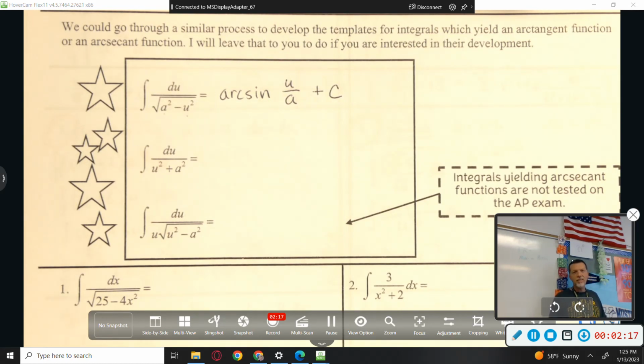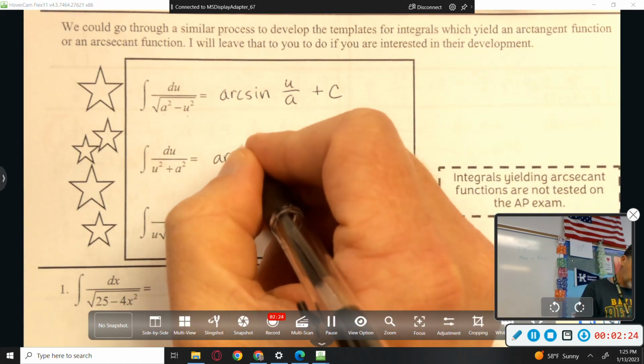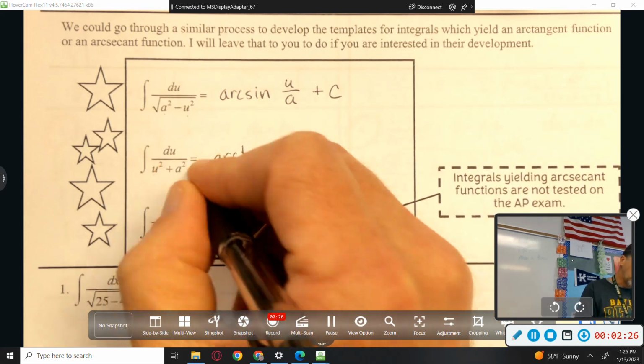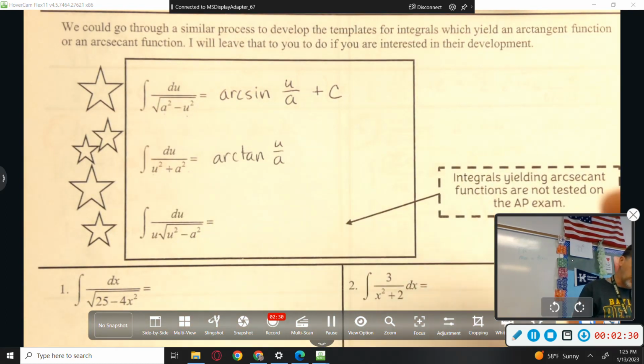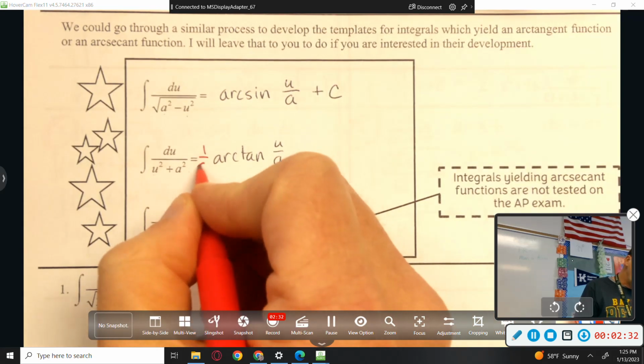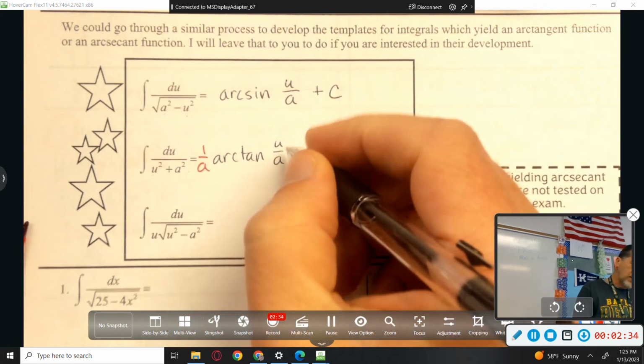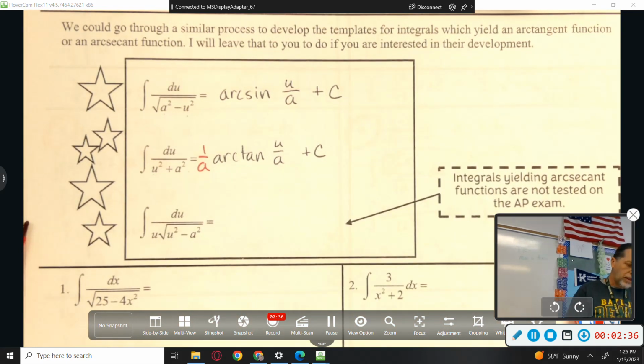Second one, that looks like the easy one where there's no square roots involved, so that's arctangent. And again, it's u over a. But this one has a little extra special something to it: 1 over a out front. So sine doesn't have the 1 over a, but tangent does.